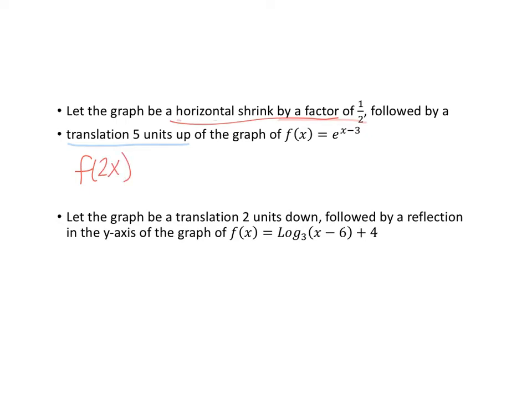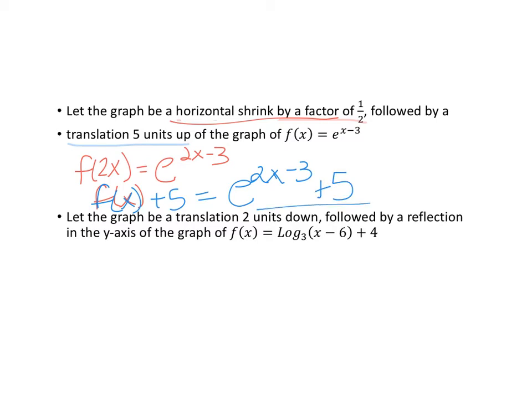So f of 2x equals e, and I'm plugging 2x in for my x, so 2x minus 3. Then it says followed by a translation 5 units up, so that's f of x plus 5, and we get e to the 2x minus 3 plus 5, and that's our final answer.